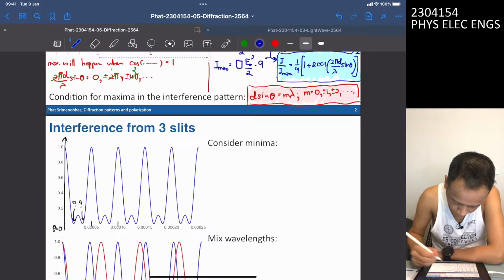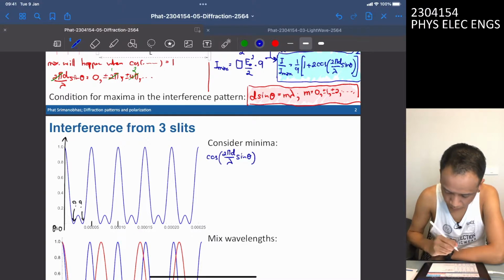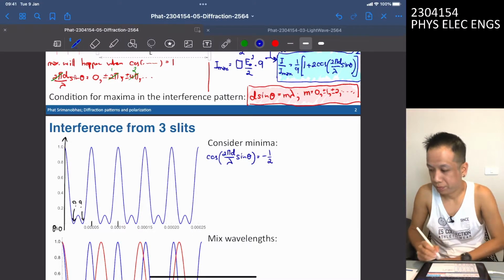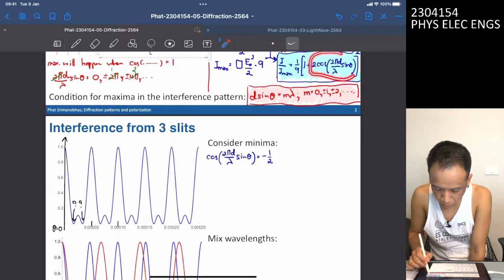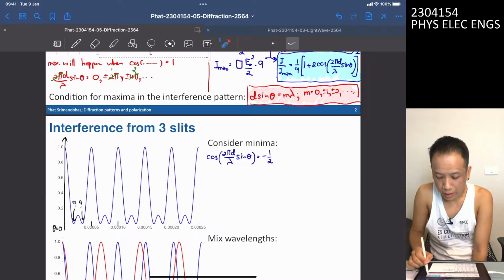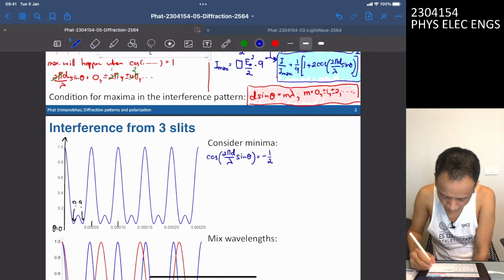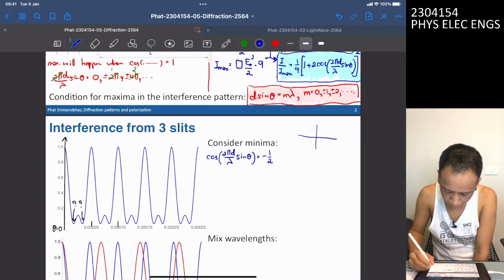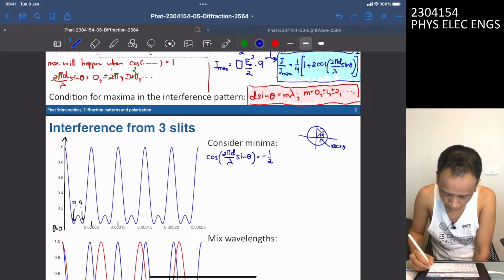It means that the cosine of 2 pi d over lambda sine theta needs to be minus half, because half multiplied by 2 is 1, and with the negative sign, 1 minus 1 is 0. For cosine to be minus half, take the unit circle: projecting on the x-axis gives cosine theta, and on the y-axis sine theta.